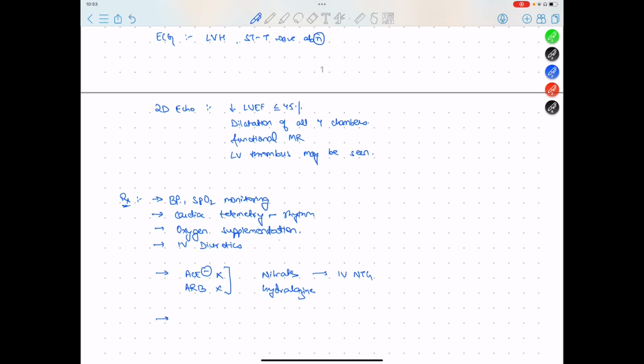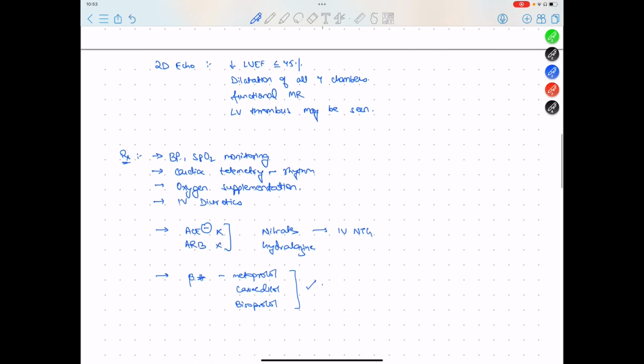And another mortality preventing drug, as you know, beta blockers, right? These are safe in pregnancy, and specifically metoprolol, carvedilol, and bisoprolol. These are the cardioselective drugs, and these can be given in pregnancy.